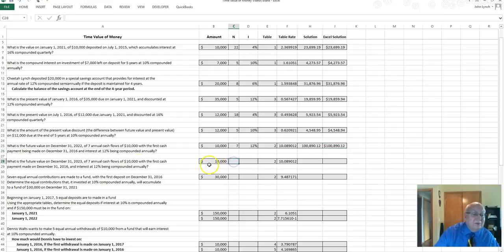Okay, and this one is what's the future value of seven annual cash flows of $10,000, with the first cash being made on December 31st of 2016. On this one, it was December. Interest rate is okay. This one is, what's the difference between the two?